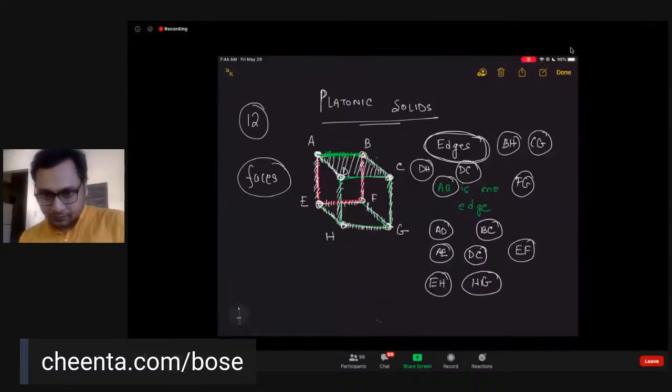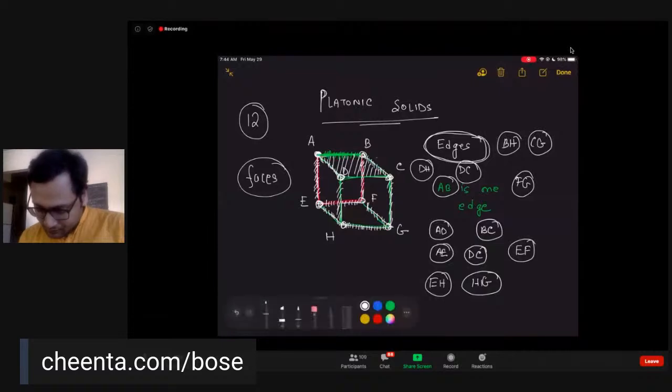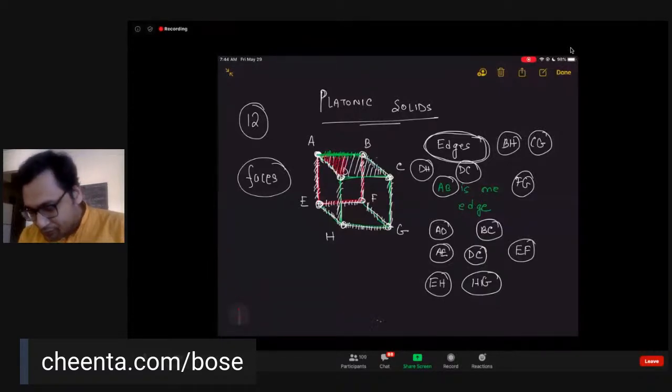So what are faces? Maybe I can draw the faces in red. Let me put one of the faces like this. So this one is one of the faces.